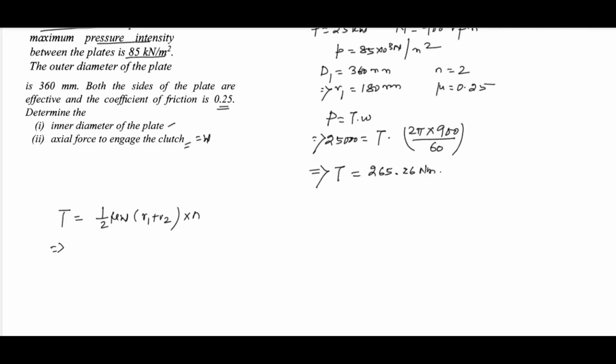So we have this 265.26 is equal to half into mu into W. Instead of W we can write 2 pi into P into R2 into (R1 minus R2) into (R1 plus R2) into 2.